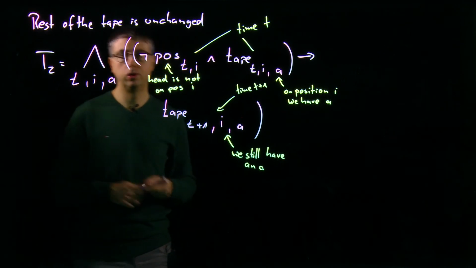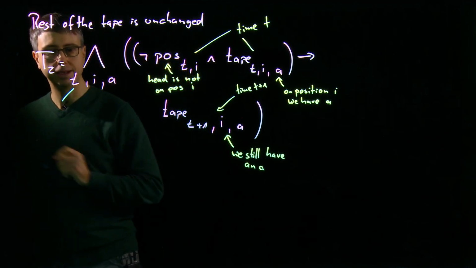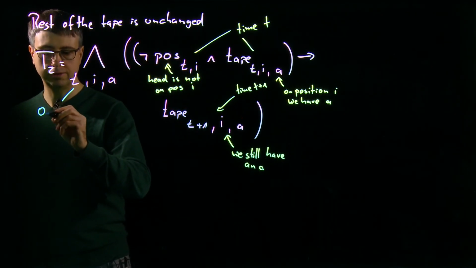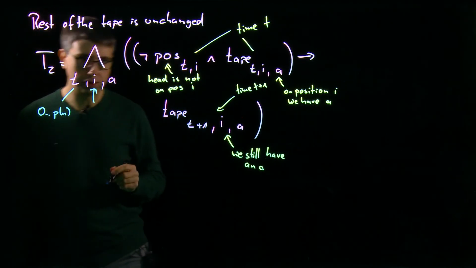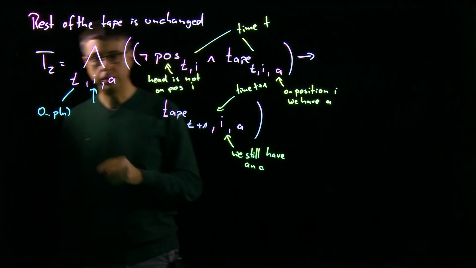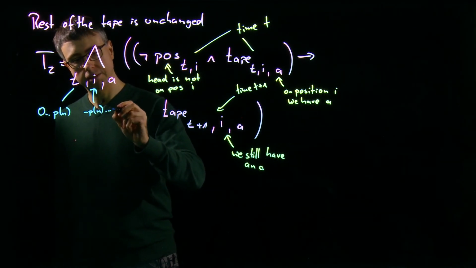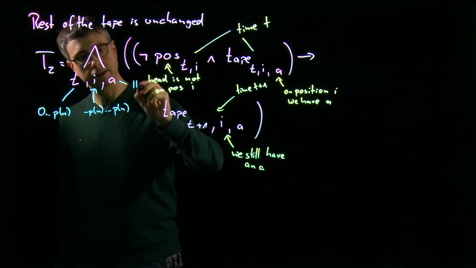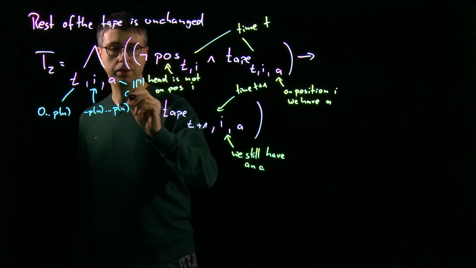We again have to check the size of the formula. This one here, t, is again for all the points in time, so this goes from 0 to p of n. This one here goes over all the positions on the tape, so from minus p of n to plus p of n. And this one here relates only to the size of the tape alphabet, so this one is constant.